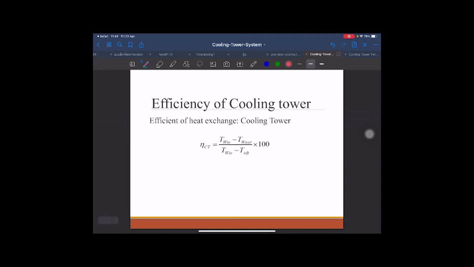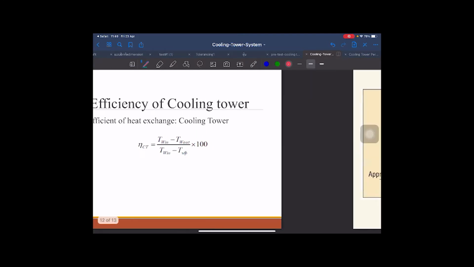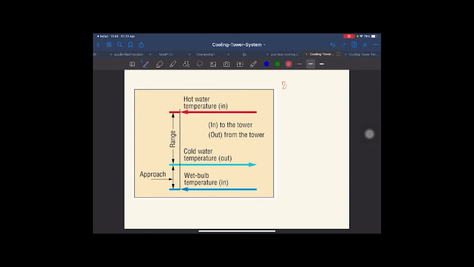Okay, how to calculate the efficiency of the cooling tower? Let's see. The thermal efficiency of the cooling tower is equal to the designed output over the required input.